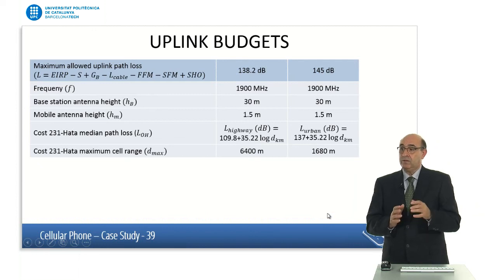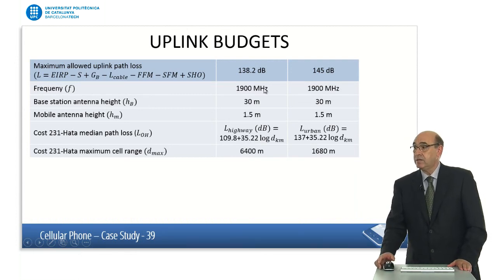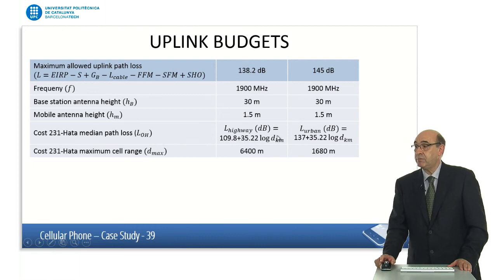Now we can apply this for studying the coverage. And here we have the frequency, 1900 megahertz. We have the base station height, 30 meters. We have the mobile antenna, 1.5 meters. And then we apply the Cost-Hata model for the highway, and it gives us this number in terms of the distance in kilometers.